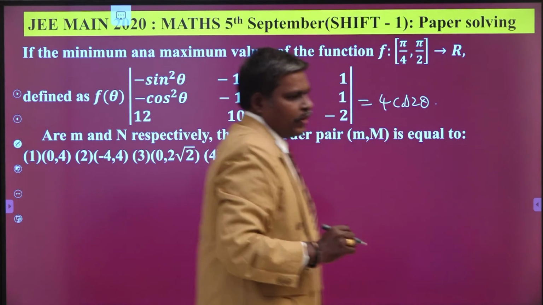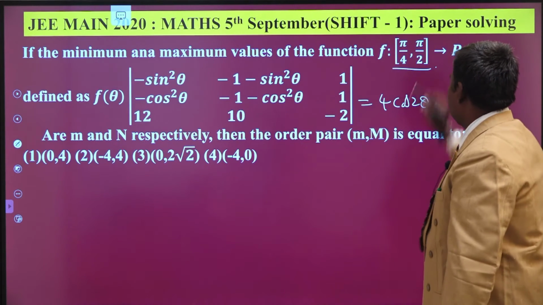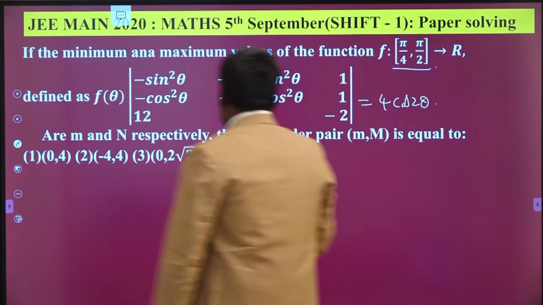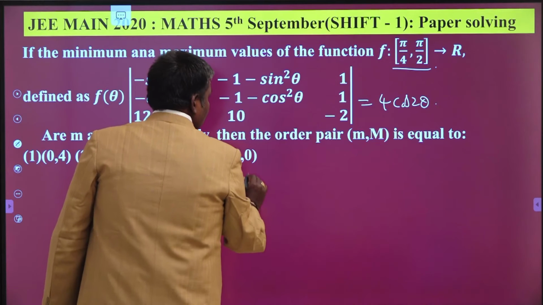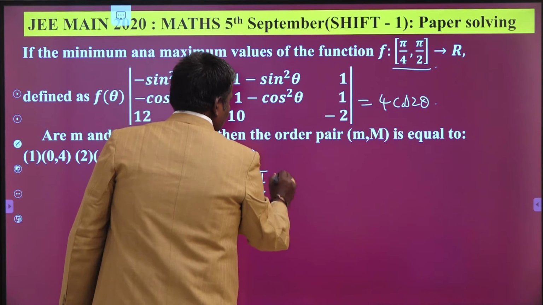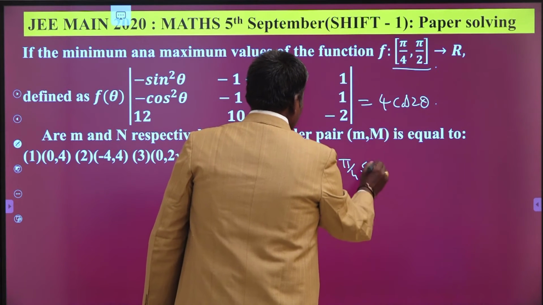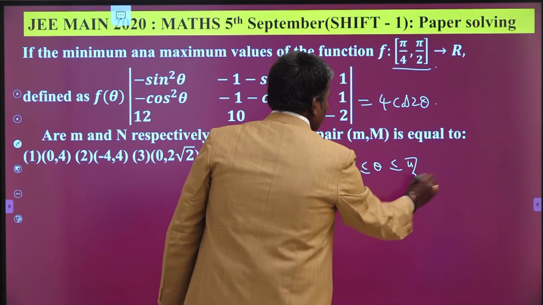We have to find the range of this 4 cos 2 theta in this interval. Here theta belongs to the closed interval pi by 4 to pi by 2, that is pi by 4 less than or equal to theta less than or equal to pi by 2.